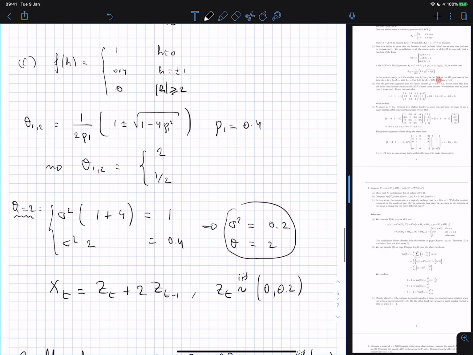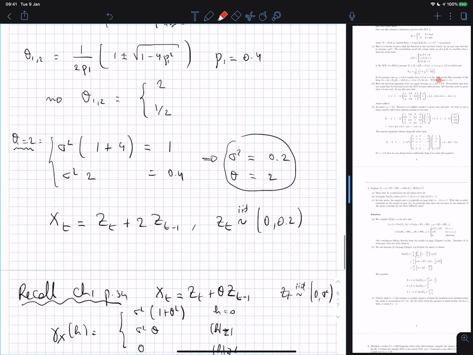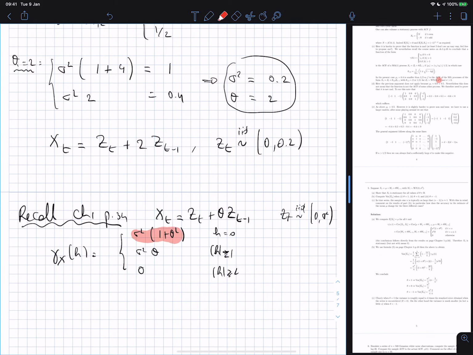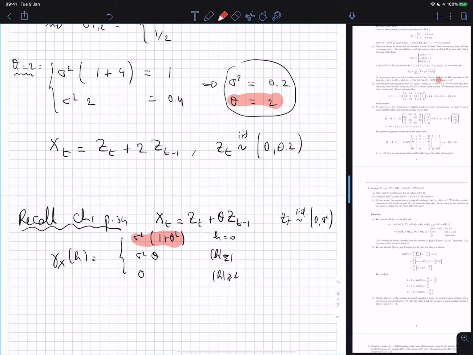What's a bit disturbing here is that this value is 1. This 1 is in fact the covariance, but because theta is equal to 2, sigma squared needs to be equal to 0.2.